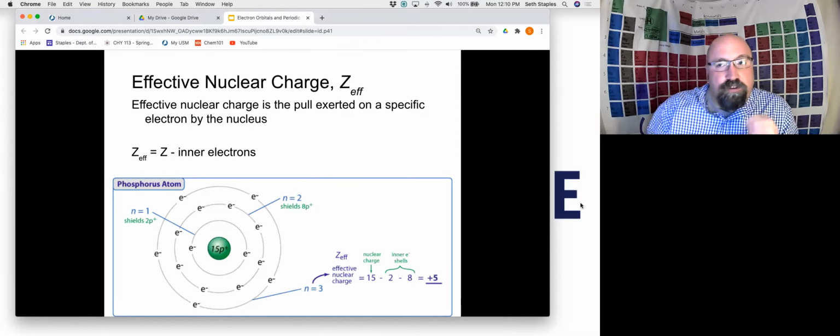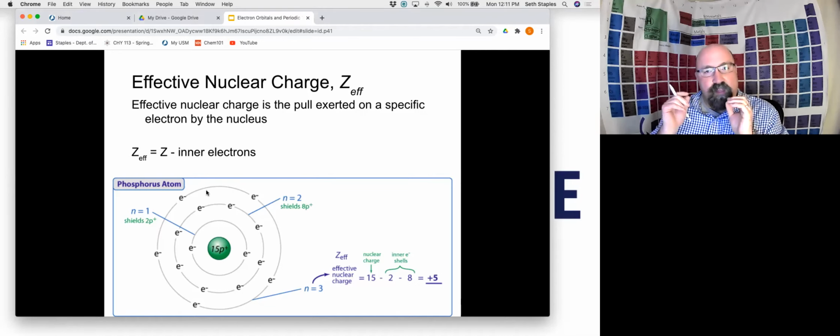In order to look into this, we have to define what we call effective nuclear charge. If we're talking about electrons on the outer shell or anywhere in the atom, the effective nuclear charge essentially says how much that electron feels the pull of the nucleus. How much is that electron being pulled in by the positively charged nucleus?